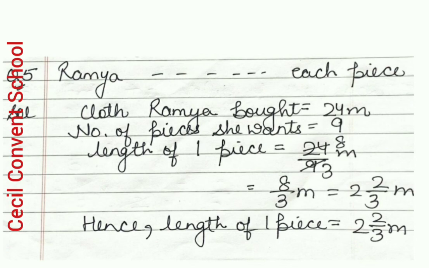After that we have done division of fractions in activity 8. How to divide a number by a number, how to divide a number by a fraction, how to divide a fraction by a number. And after that we have done 2 word problems, 4 and 5. So I hope you understand question number 1, 2 and 3, and along with that question number 4 and 5.